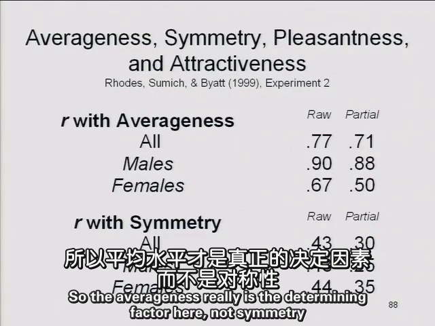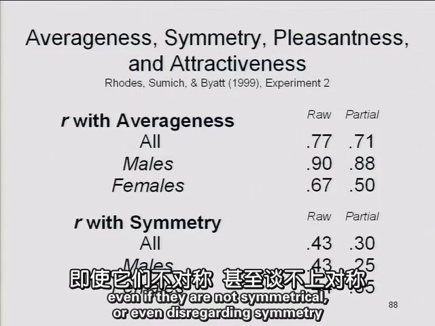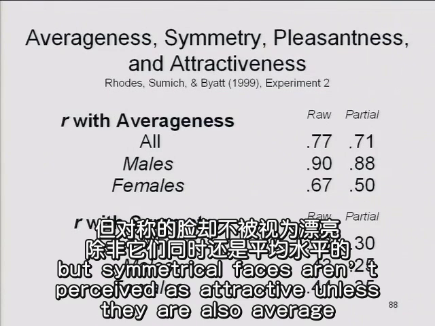So averageness really is the determining factor here, not symmetry. Average faces are perceived as attractive even if they're not symmetrical, or even disregarding symmetry, but symmetrical faces aren't perceived as attractive unless they're also average.